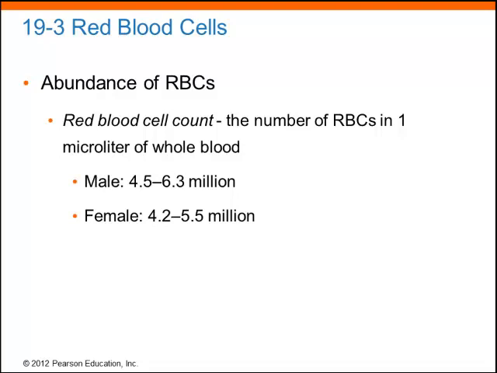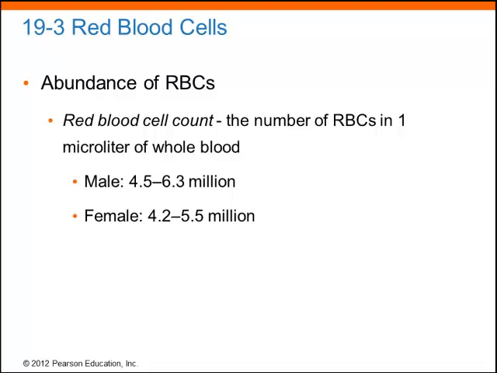You need to know the normal counts of red blood cells, and we're going to use the same method to count white cells and platelets, so let's pay a little bit of attention now to our units. We're counting the number of cells in 1 microliter of blood. A microliter is a millionth of a liter. And another way of looking at it is that it is a cubic millimeter.